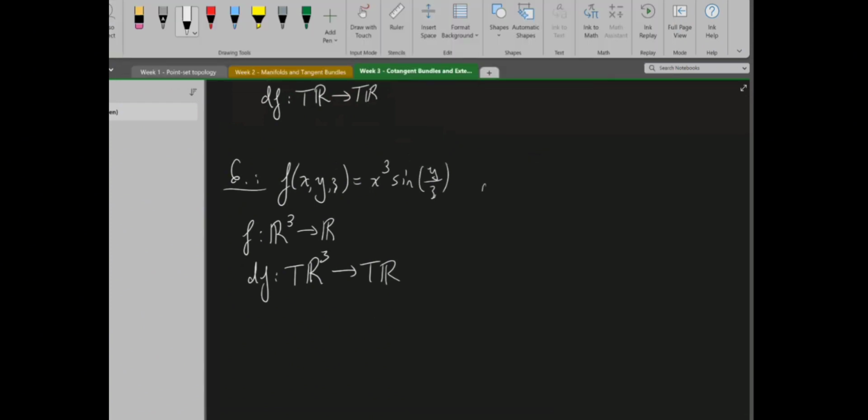Okay. Yeah, so actually computing this thing, we want to get df. So you just differentiate with respect to x, and you get 3x squared, and then this other stuff's left over, sine y over z, dx, that's what I differentiated with respect to, plus, and then you differentiate with respect to y, so you end up getting x cubed over z by chain rule, cosine y over z dy.